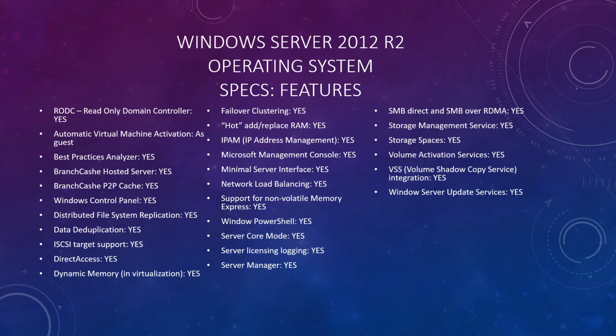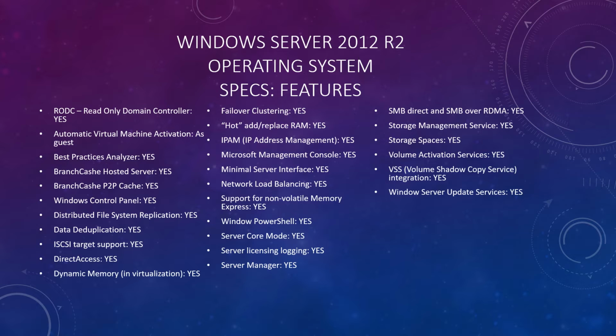It has BranchCache hosted server, it comes with a Windows control panel, of course, distributed file system replication, data deduplication, DirectAccess, direct memory in a virtualized setting. It also comes with a Microsoft Management Console.